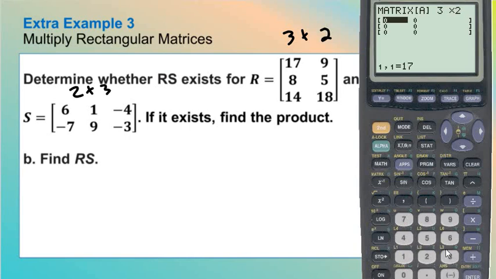So 17, 9, 8, 5, 14, 18. Go to second matrix again, edit, but we now go to matrix B. Hit enter, that's a 2 by 3. Type these numbers in, so 6, 1, negative 4, negative 7, 9, negative 3.